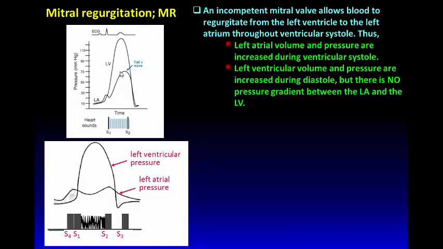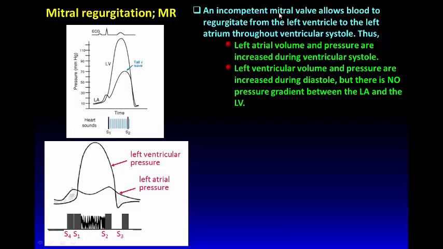An insufficient mitral valve is when the valve doesn't close properly when it is supposed to close. The mitral valve is supposed to be closed at the beginning of systole in order to prevent backflow of the blood from the left ventricle into the left atrium.